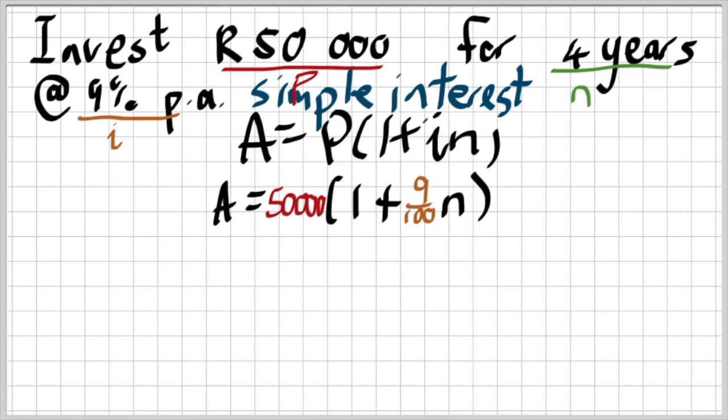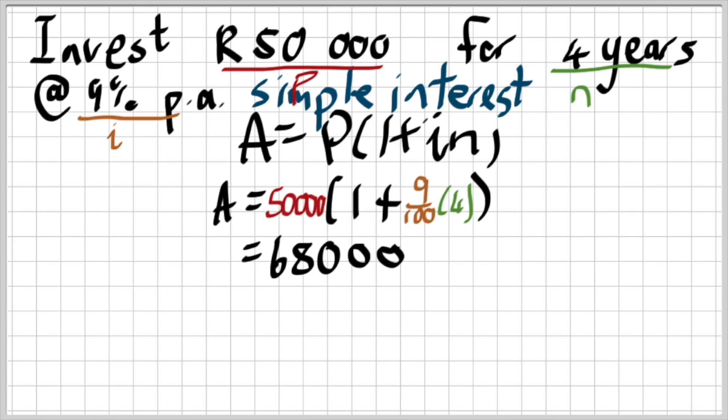And then last but not least, your n, which is 4. Put it in brackets so that your calculator understands that there is a multiplication in between the 9% and the 4. At this moment, we pull our best friend close, our calculator, and we get a value of 68,000 Rand. That is our end value. So that is our accumulated value, the capital A.